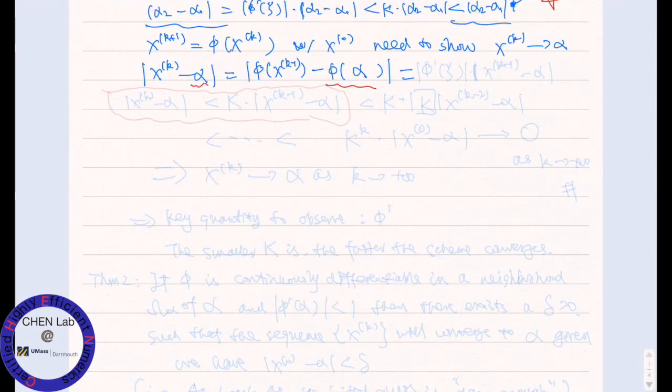This is equal to phi prime at some c, which is between the two inputs, times the absolute value of x_k minus 1 minus alpha, right? So it's a slope.